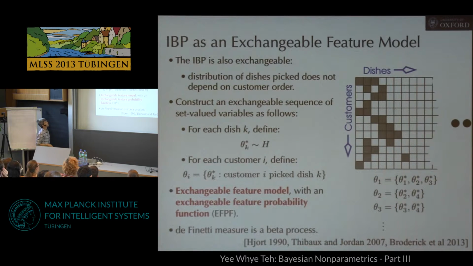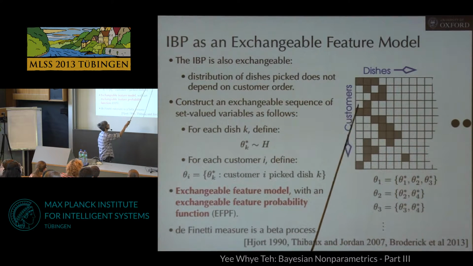It's the same as in the Chinese restaurant process. We can see that the IBP is exchangeable. You can write down the joint probability of this configuration happening, multiply the terms together, and you'll get that the joint probability of this matrix doesn't depend on the ordering of the customers.